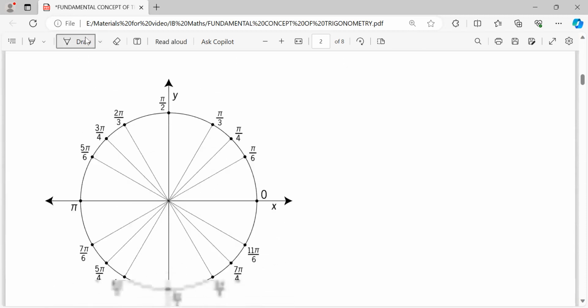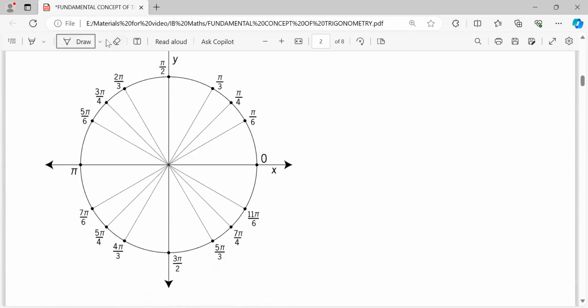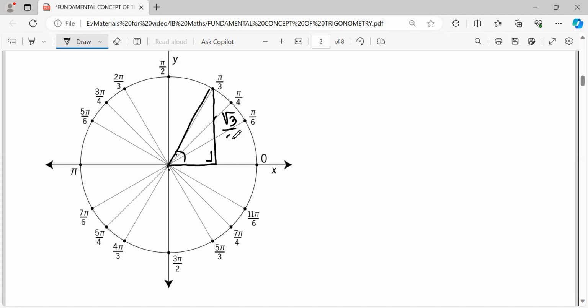Next. Okay. The next angle is pi over 3. I'm going to create a triangle. This is the angle pi over 3, and on the y-axis square root 3 over 2, on the x-axis half.